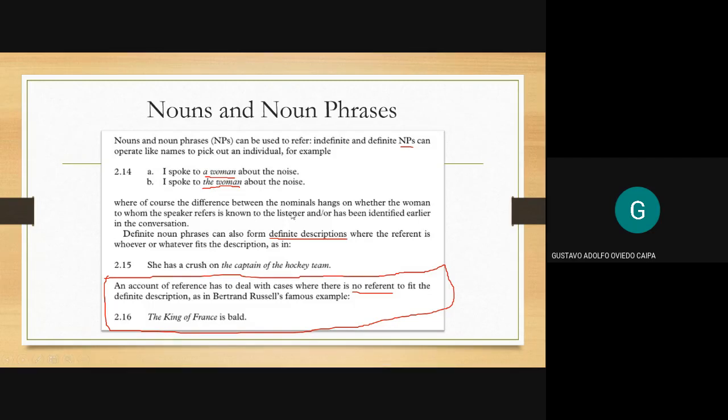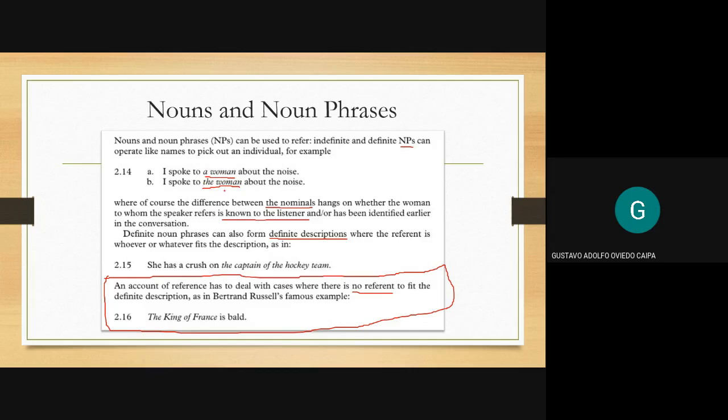Where of course the difference between the nominals is these two things. When he says the nominals, the difference between the nominals, he means a woman and the woman. So the difference between the nominals hangs on whether the woman to whom the speaker refers is known to the listener or has been identified earlier in the conversation. So when I say a woman, that means that the person may not be known to the listener, or maybe I haven't mentioned that person in the conversation.